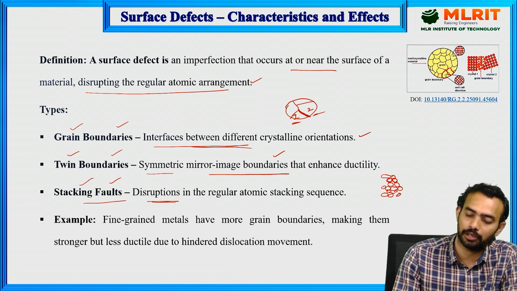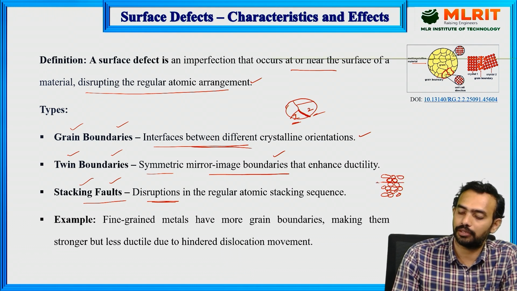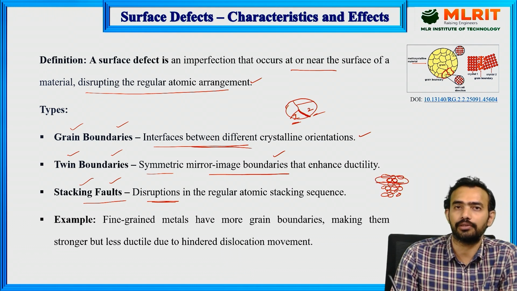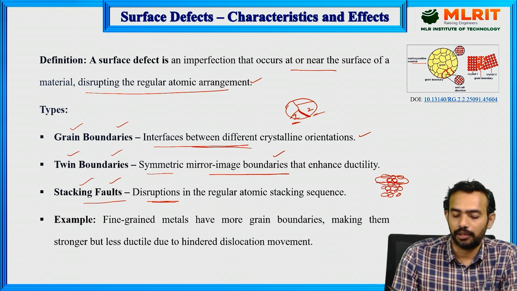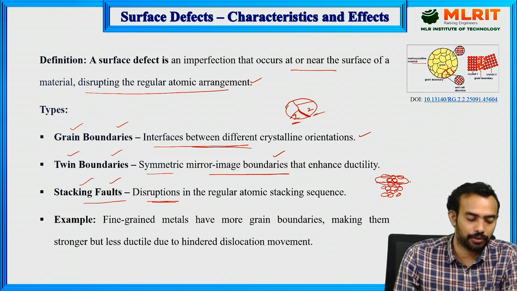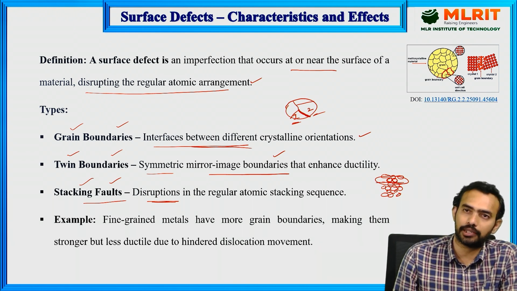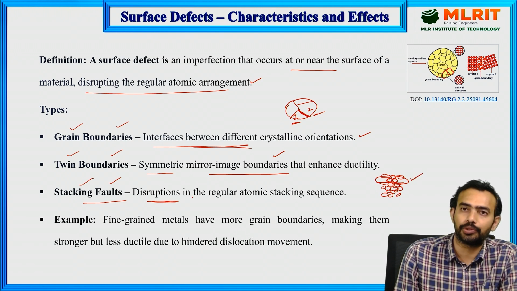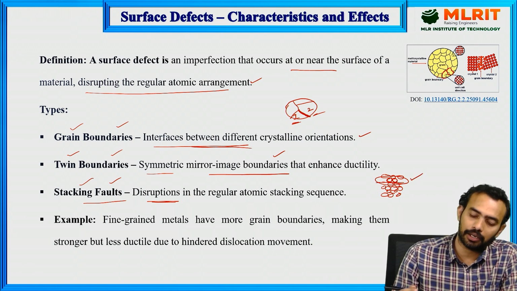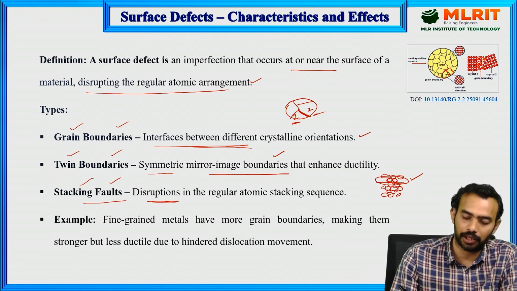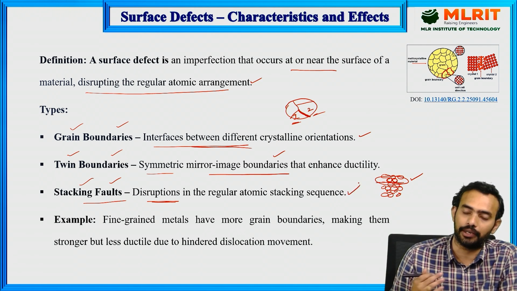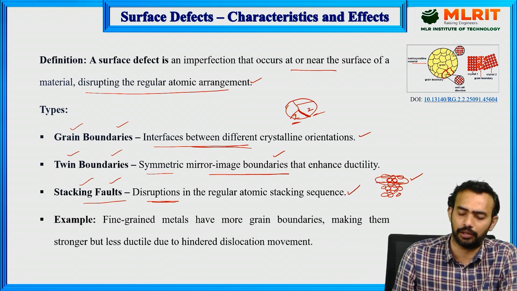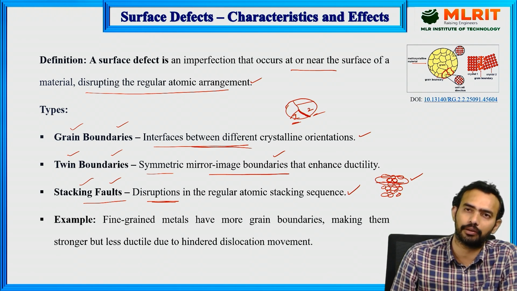This is considered to be a stacking sequence defect, so that is called faulty stacking. A disruption observed in the regular atomic stacking sequence is also considered a surface level defect, and it's basically a two-dimensional, planar atoms disruption.